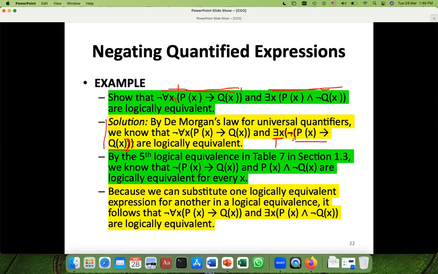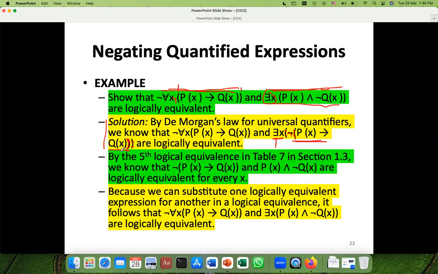Now you have negation P of x implies Q of x. So now we will do something. If you will look on the second statement of this question, then you have now this, there exists x now in your equation, but here you have P of x and negation Q of x, which you have the P of x and Q of x, but you don't have that negation with Q of x.